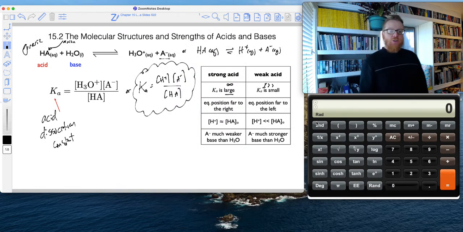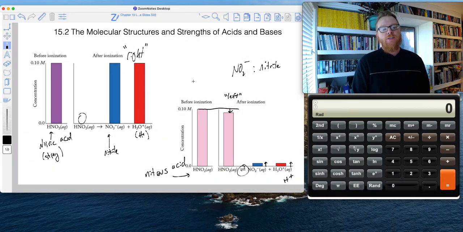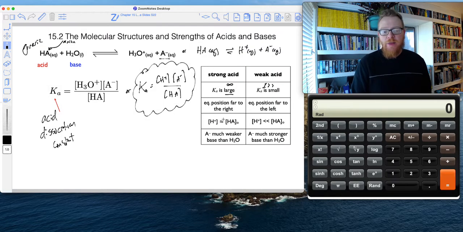Okay. So now what that means is the H plus concentration is basically equal to the initial HA concentration. So once again, we see that here on this figure. Okay. So this would be my HA, right? And so you can see before it's 0.1 molar, but then after the H plus is also 0.1 molar. Okay. So that's what that means.